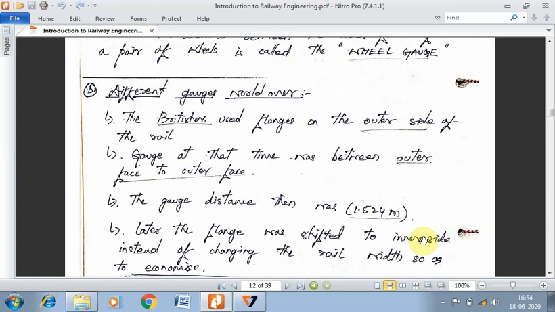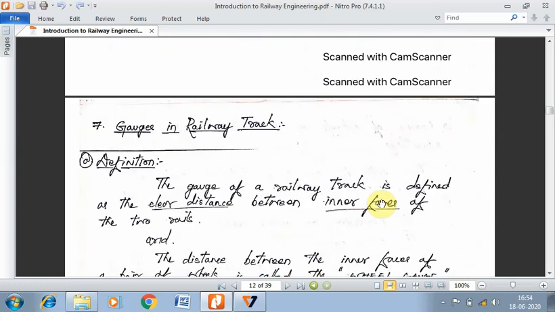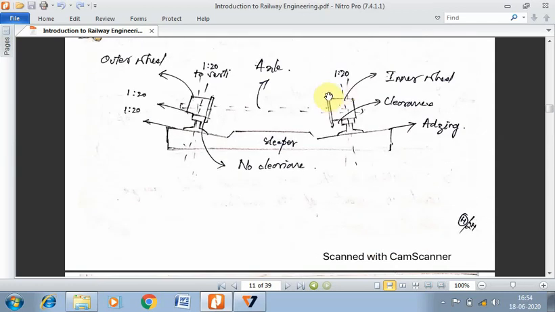In the olden days, the Britishers used flanges which were placed on the outer side, right? So it would look somewhat like this. This flange, which is now on the inner side, was actually on the outer side. And then the coning also was done in the reverse direction.